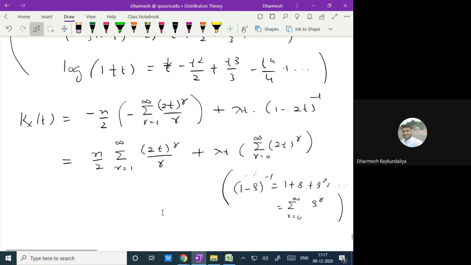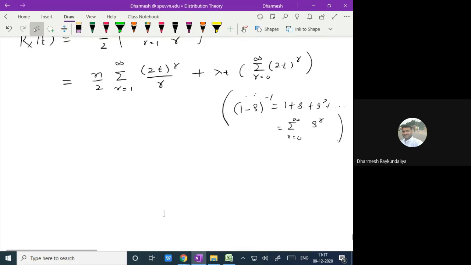But if I am interested to find out the cumulants, okay, so K X of t is also written as summation r equal to 1 to infinity of k r, the r-th cumulant, into t raised to r upon r factorial.